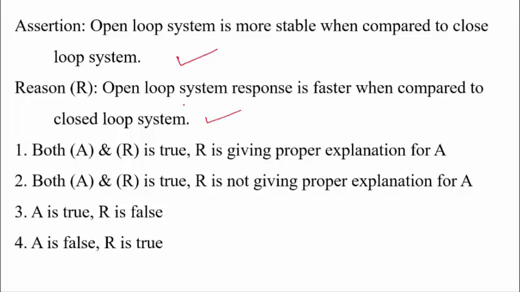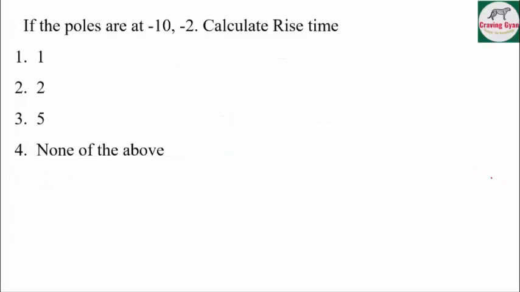Yes, because in the case of open loop system, output depends only on the present input, but in the case of closed loop, output not only depends on input, it depends on the feedback value also. So the assertion is talking about stability, but the reason is talking about response. So the reason is not specifying the proper explanation for the assertion. So I have to opt for option 2.